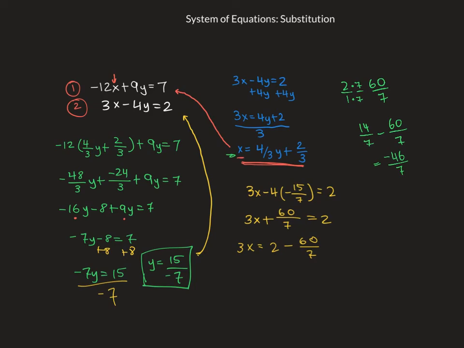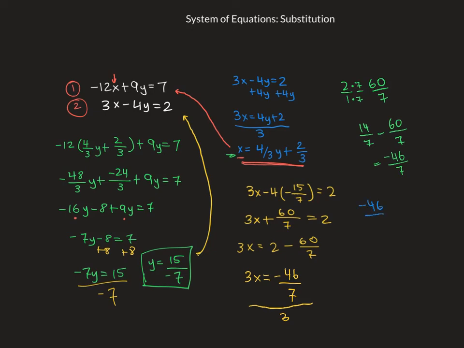And now we would have 3x is equal to minus 46 over 7. And now we just divide by 3. So you divide this entire thing by 3. And then we can just write it off here to the side again.